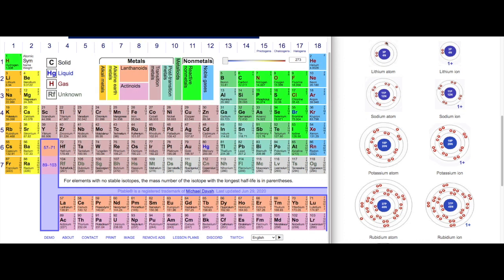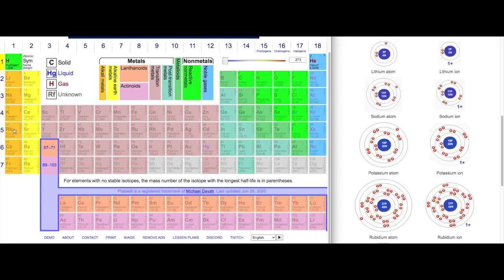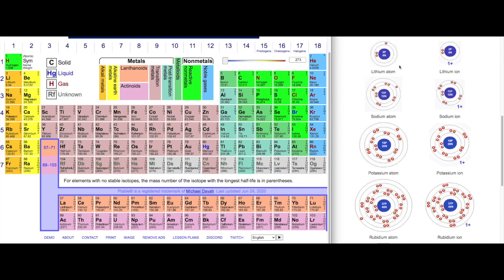They want to get rid of that electron, and then they become a +1 ion that is much more stable than the neutral atom was. And so we looked at that with lithium in the last video, but sodium behaves the same way. It also has this one lone electron out there that it wants to get rid of, and potassium, and all the way down. The ones you should be familiar with here are lithium, sodium, and potassium.